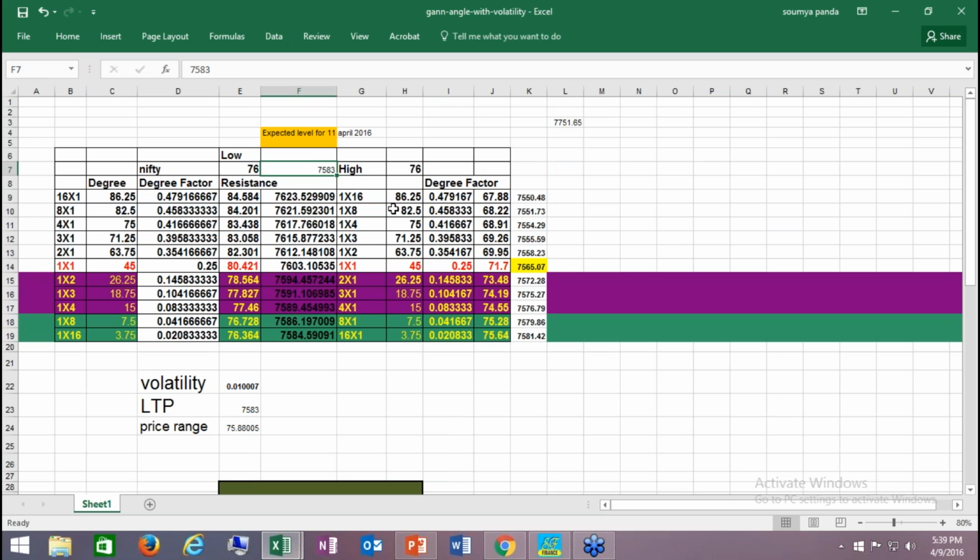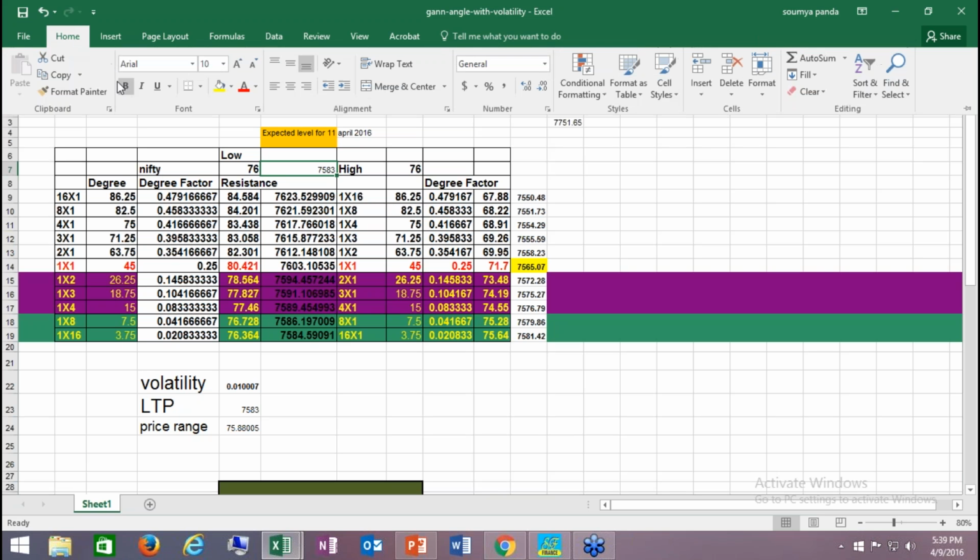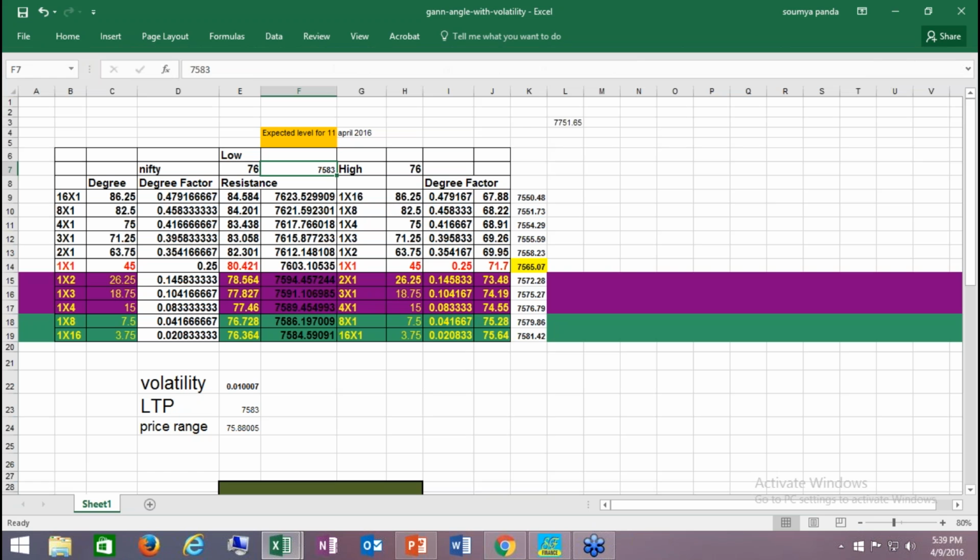So Nifty future closed on Friday at 7583. This is known to all of you. 7583 is the last traded price of the Nifty future on Friday. The volatility estimate of Nifty future based on its past 10 days data is 0.001.